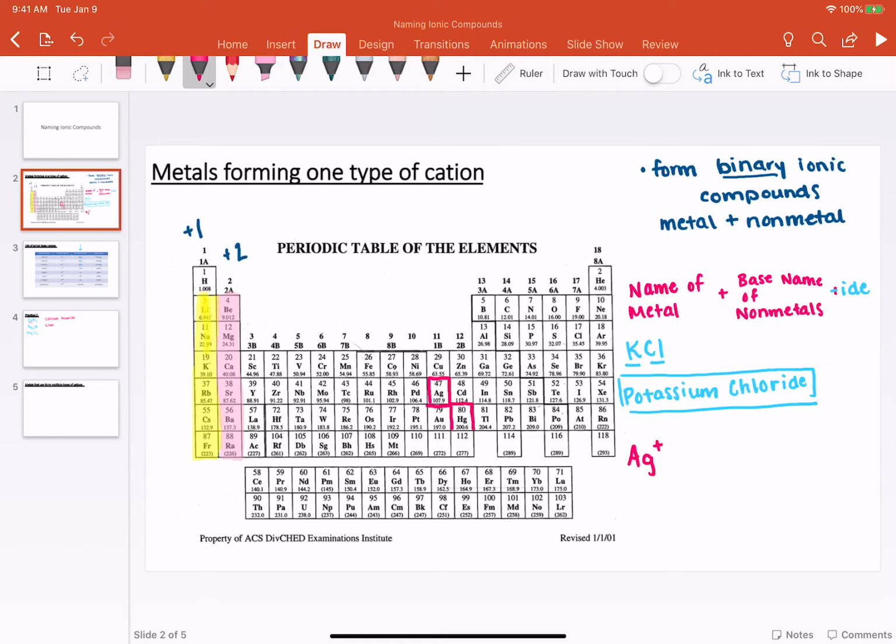Another one I want you to know is Hg. Hg is known for forming 2+. And another one that I want you to know is Al, aluminum.